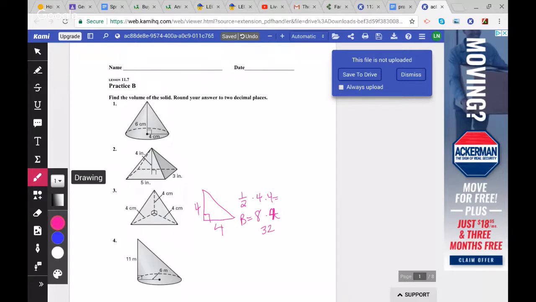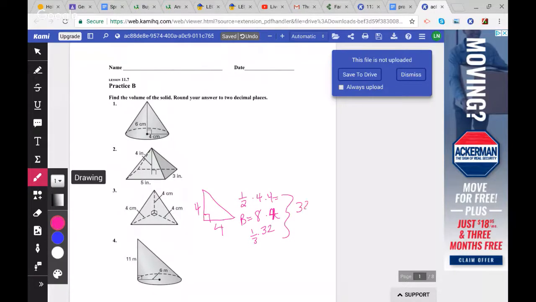But because it's a pyramid instead of a prism, you are going to want to take 1/3 of it. That makes sense? Yeah. So 32 over 3, or what is that? 10 point some odd. 10.67.